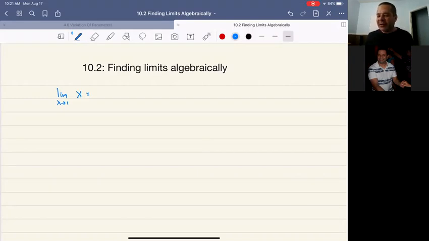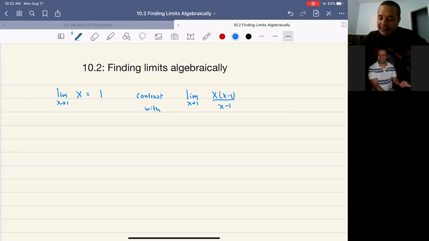We just plug 1 into x and we get 1. Easy peasy. Now, let's contrast with the limit as x approaches 1 of x times x minus 1 divided by x minus 1.